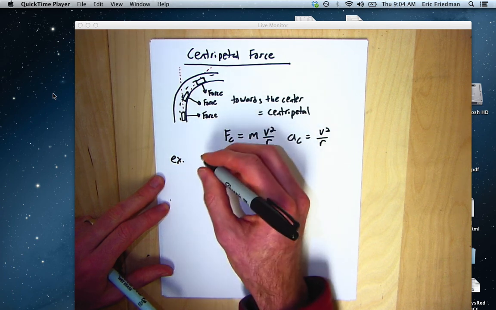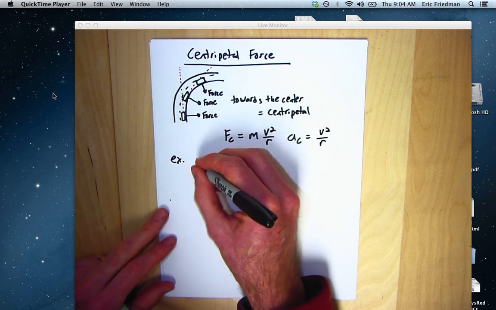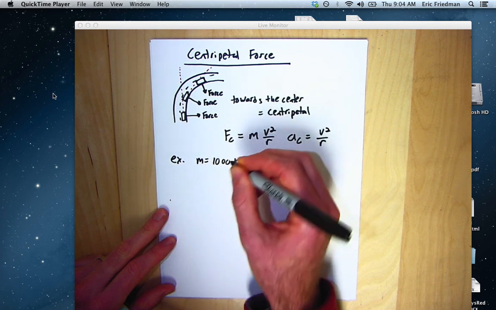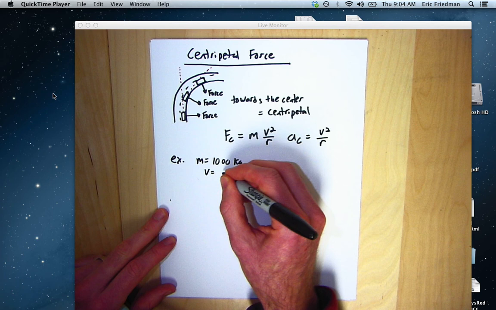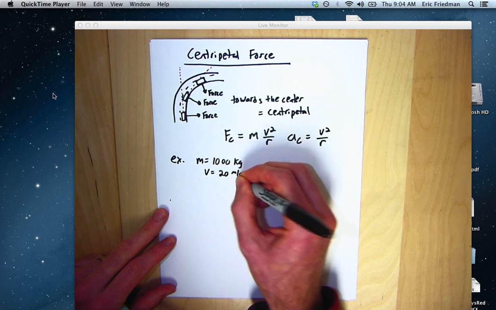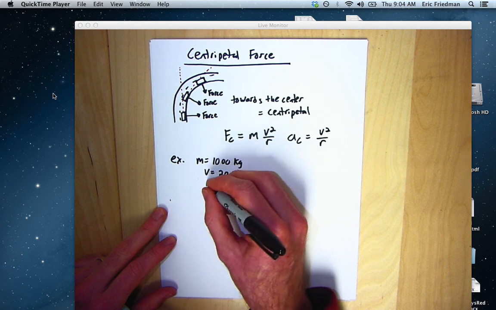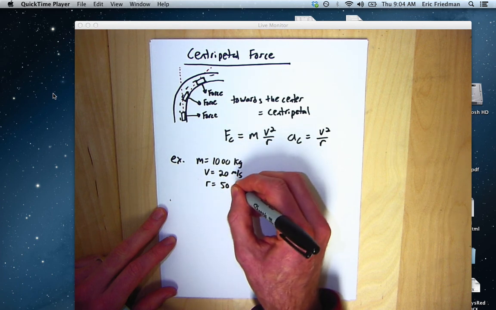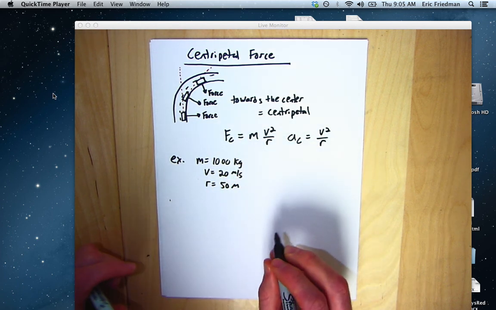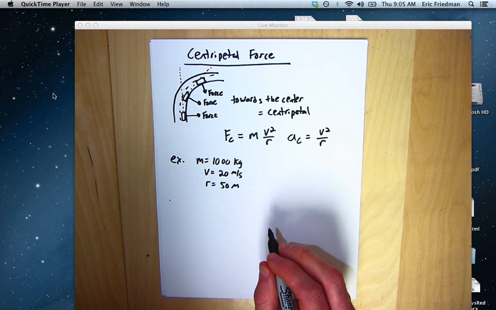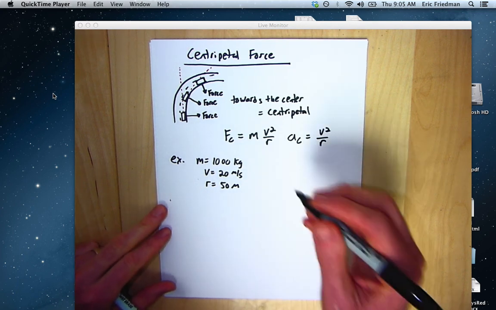Example. Let's say that you have a car with a mass of 1,000 kilograms and it's going at 20 meters per second and the radius of the corner is 50 meters. Now these would be things that would be given to you in a problem, or you may figure them out from another place. Now let's figure out what's the centripetal force on the car as it goes around the corner.